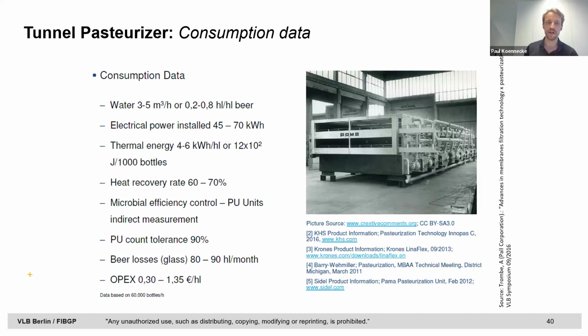Cans, when they are seamed well, have to be stable up to about 6.2 bars. Bottles can take way more, especially when they're new. So when you go up to 10 bars in the bottle, it's normally not a problem if it's not an old bottle. So you are limited in what you can pasteurize in a can in a tunnel pasteurizer, which depends most of the time on the medium in there and the amount of carbon dioxide dissolved in the medium.